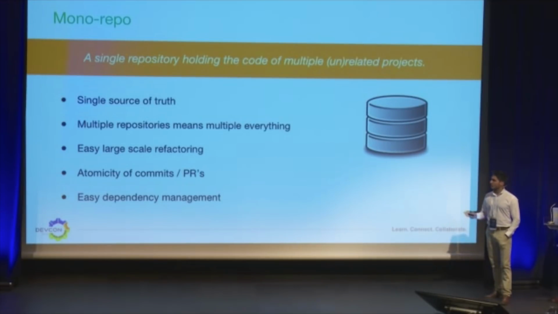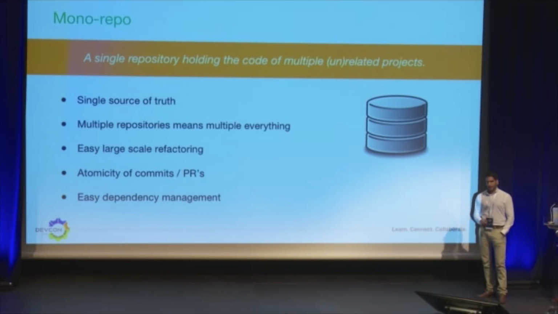Before, having multiple repositories meant maintaining a lot of configuration for the GitHub permissions, creating multiple pipelines in our continuous integration process, etc. Aside from that, thanks to monorepo, large-scale refactoring is easier.